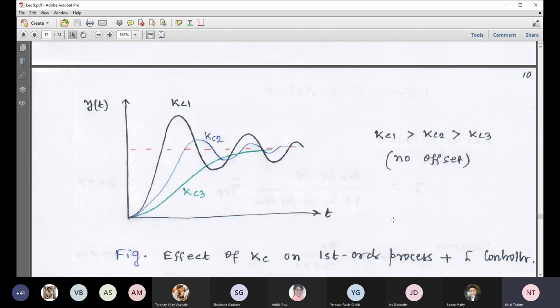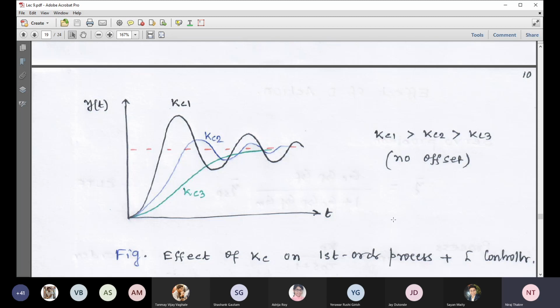If we increase the Kc value, it is very clear we are having a faster response, so speed of response gets improved. But you see, we are having higher deviations and longer oscillations with the increase of Kc. But definitely there is no offset.